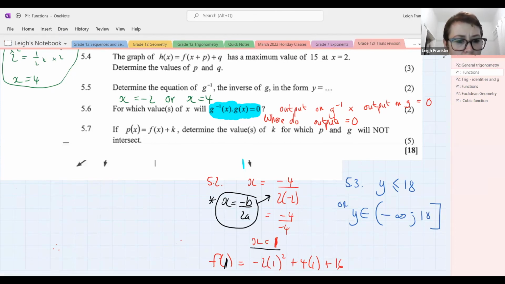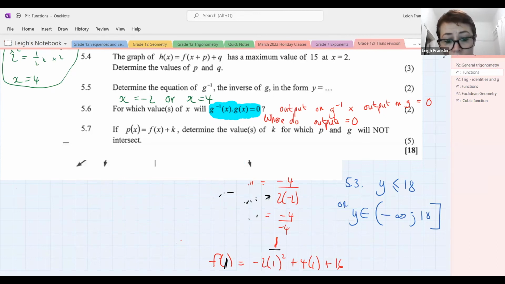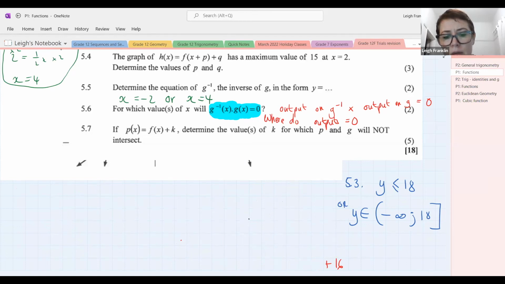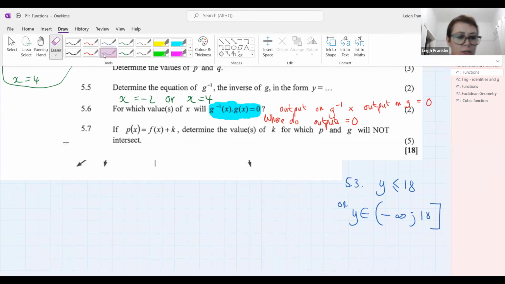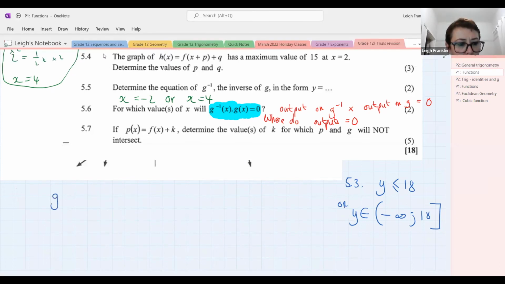Happiness, the reason why I also said my answer has to be equal to +4 and not -4 is because the equation of g minus 1, remember g minus 1 is 1 over 2x minus 2.